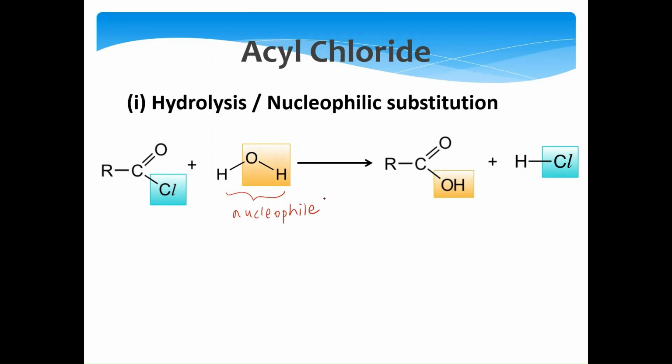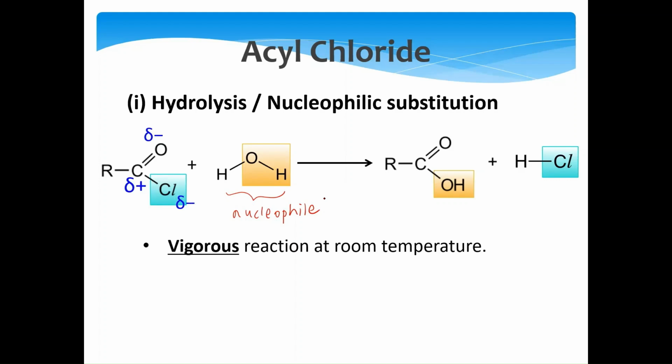It's a very vigorous reaction at room temperature. The Cl minus is a good leaving group, and you can see that the resultant solution is acidic, due to the formation of HCl.